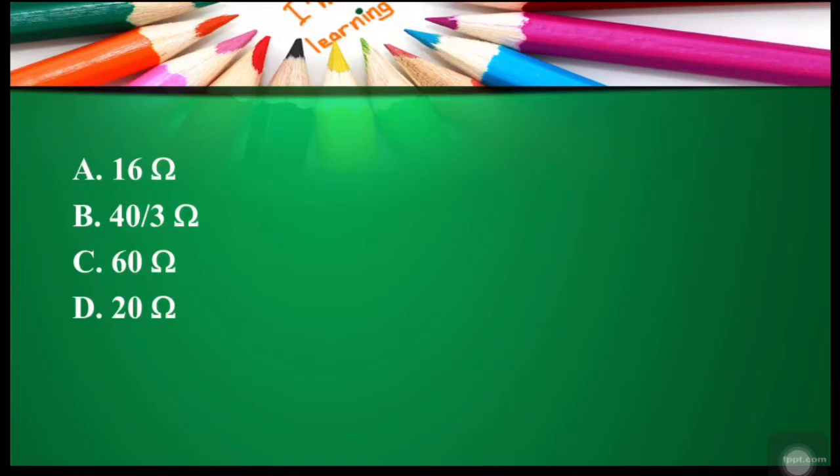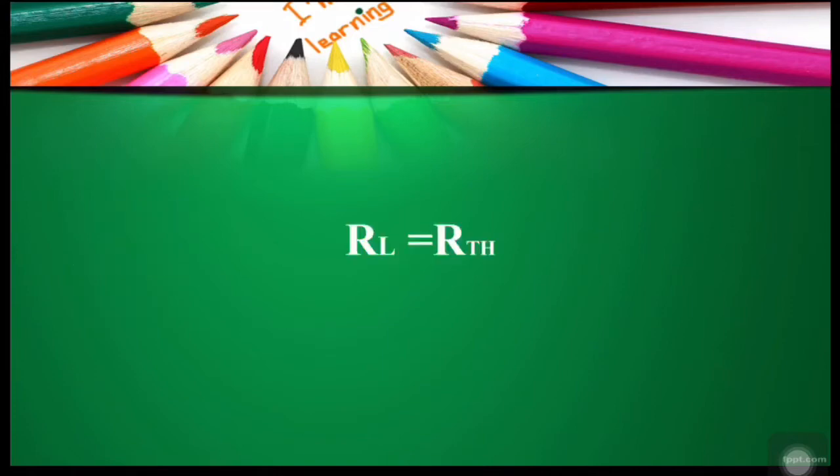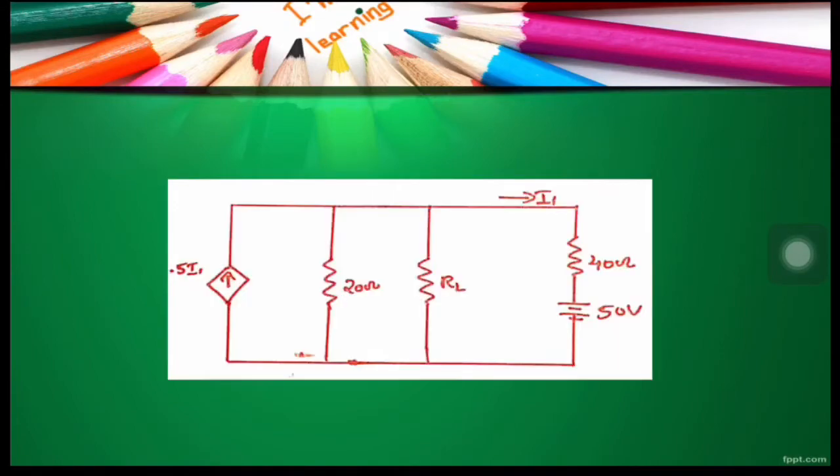As you know, a network delivers maximum power to load resistor RL when RL is equal to RTH. Now have a look at the network given in the question. This is our load resistor. So we have to open circuit this load resistor and calculate the Thevenin equivalent resistance.